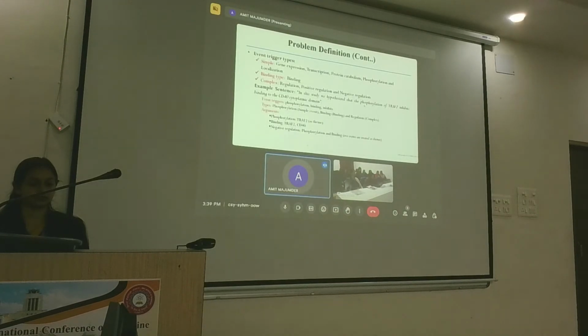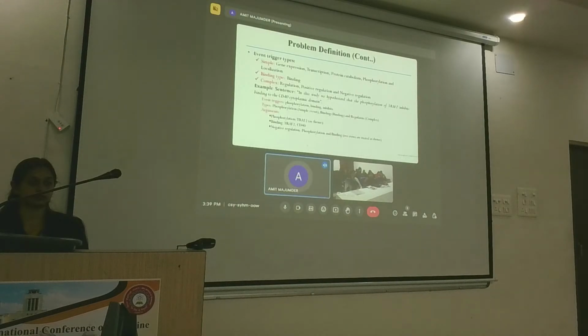So if we consider this example sentence, then we will find the trigger words: phosphorylation, binding, inhibits. These are the trigger words, which are basically the main words of the event expression. And the types: phosphorylation is one simple type, and binding is one event, and there is also regulation.